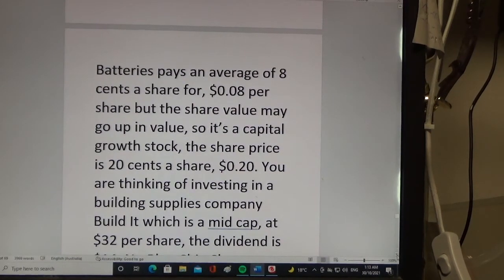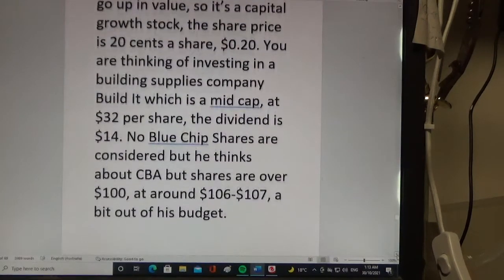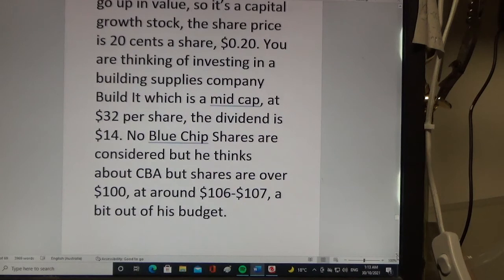You were thinking of investing also in a building supply company, Build It, which is a mid-cap, at $32 per share. The dividend is $14 average dividends per annum. Usually you have an interim dividend, a final dividend. Sometimes you even get a special dividend.